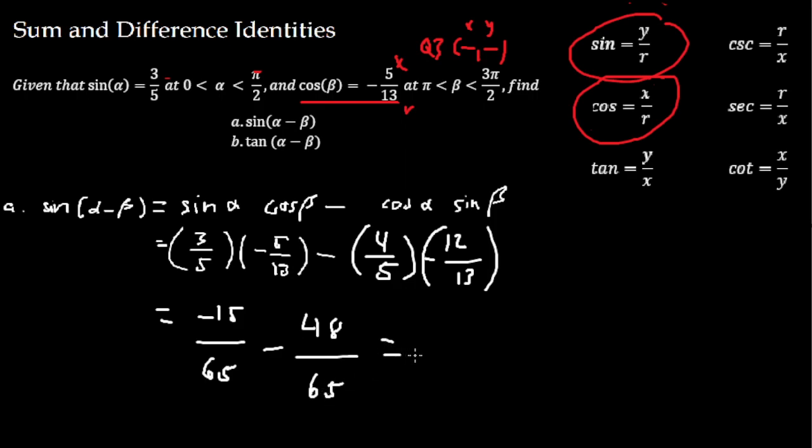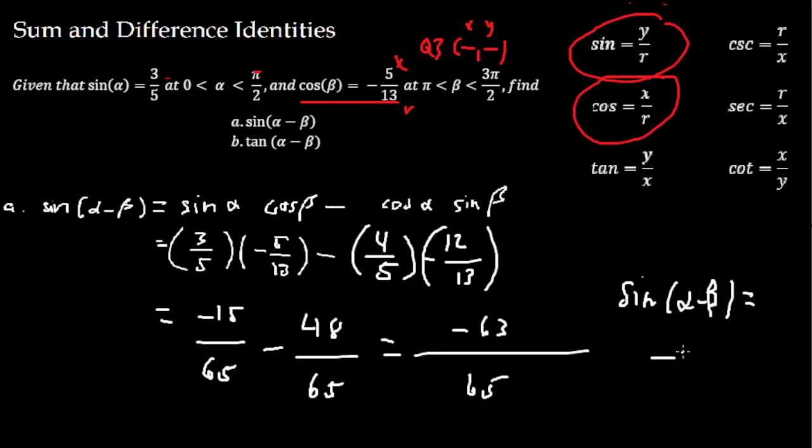Since the denominator is the same, just copy it. Then negative 15 minus 48 is equal to negative 63 over 65. So the sine of alpha minus beta is equal to negative 63 over 65.